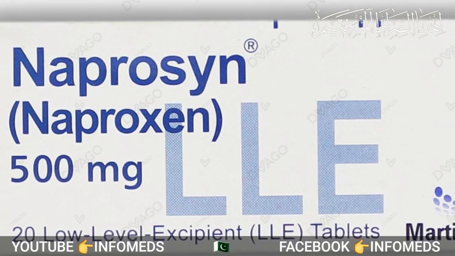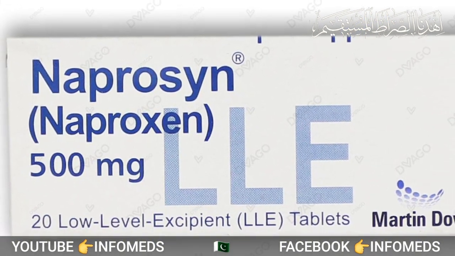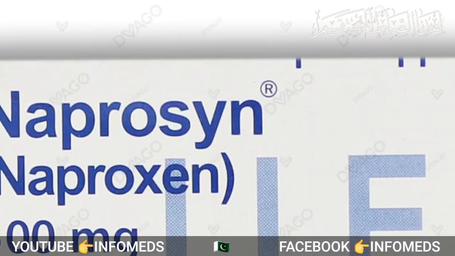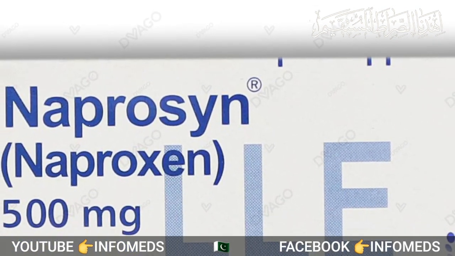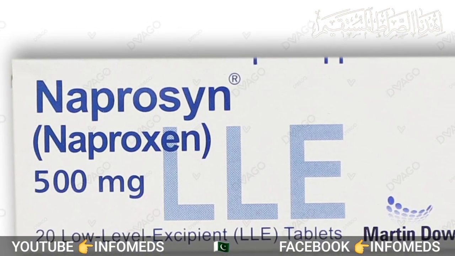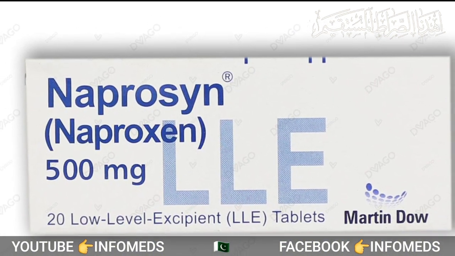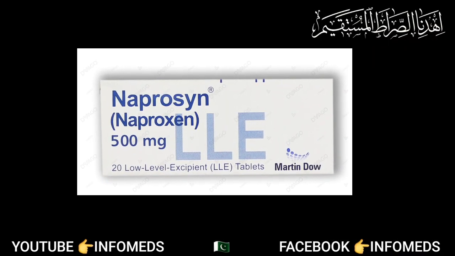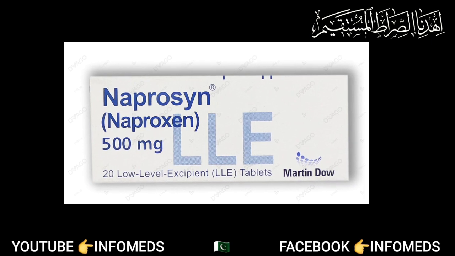So now we are coming to the dose. First of all, adults: 250 to 500 milligrams every 8 to 12 hours, maximum 750 milligrams a day. Elderly, whose age is more than 65 years: maximum 400 to 500 milligrams a day.